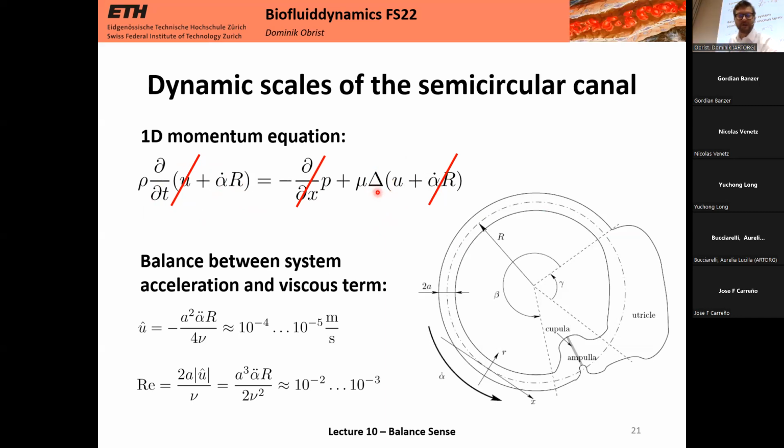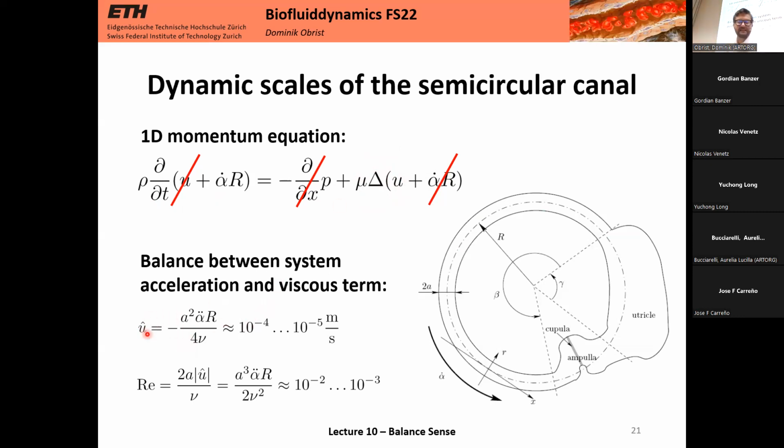And if we assume for u a Poiseuille profile, just an assumption, then we can actually calculate what the Laplacian is. And we obtain an algebraic term for the viscous damping. And this is essentially what I did down here.